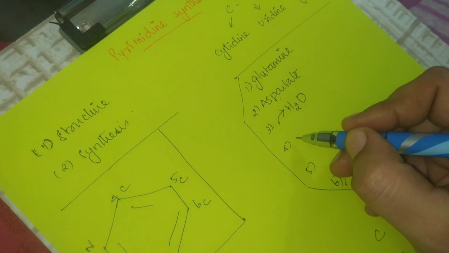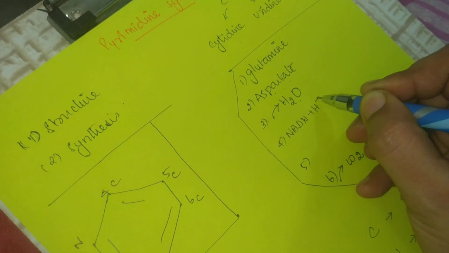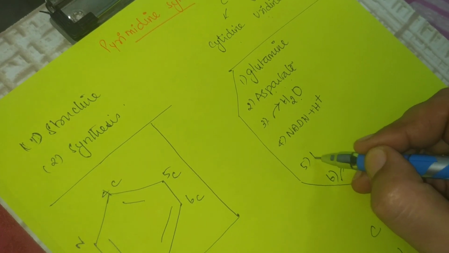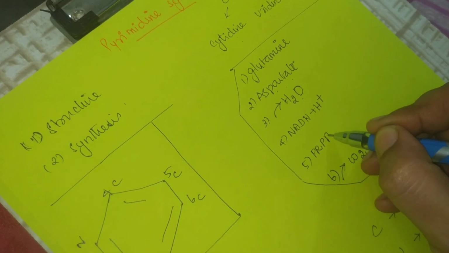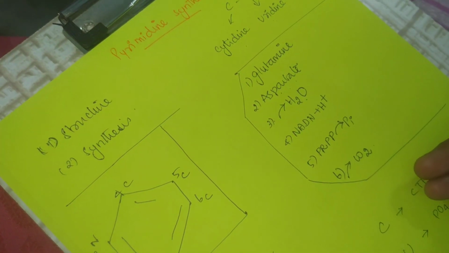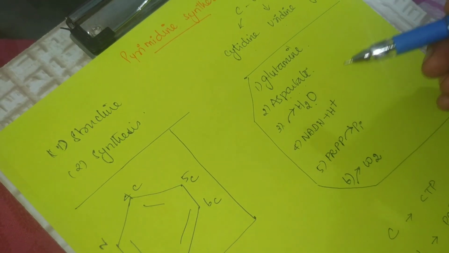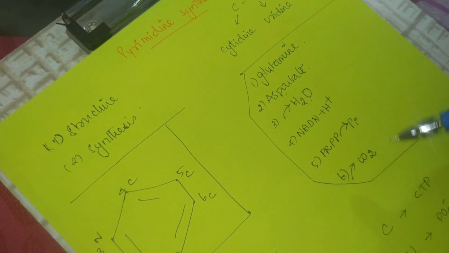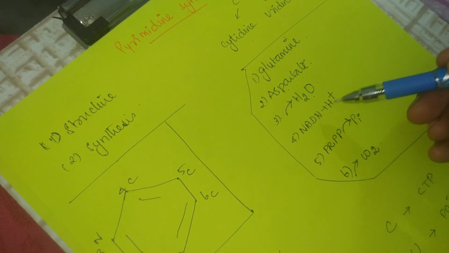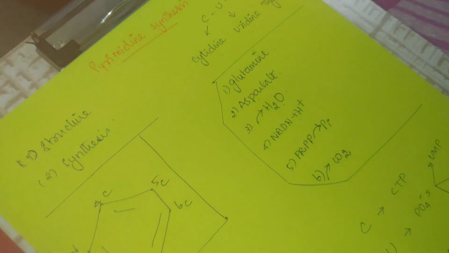In the fourth, NADH plus H plus is generated. In the fifth, there is a phosphoryl transfer from PRPP. So these are the initial 6 steps.